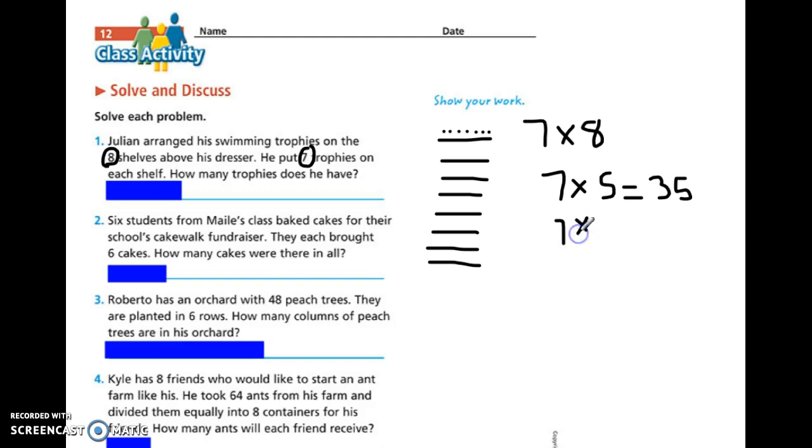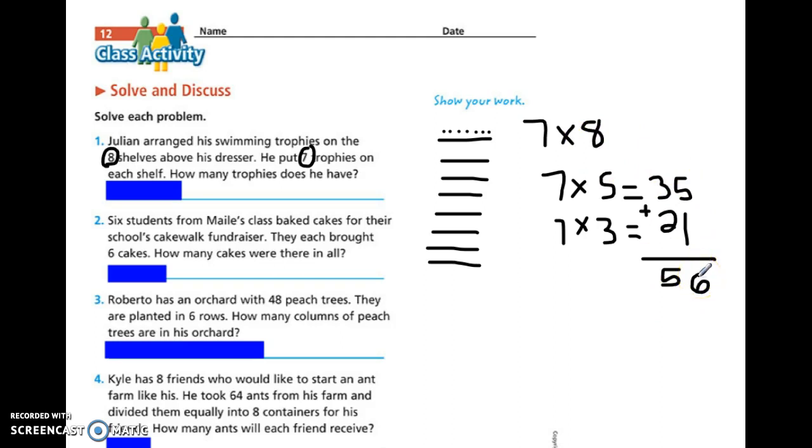I'm going to try adding these together. 7 times 3 is 21. And then remember, I just add these together, right? Because I know that if I add 5 plus 3, I would get 8. So 5 plus 1 is 6, and 3 plus 2 is 5. 56. So 7 times 8 is 56.